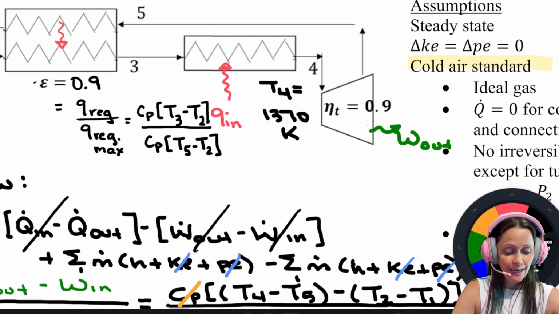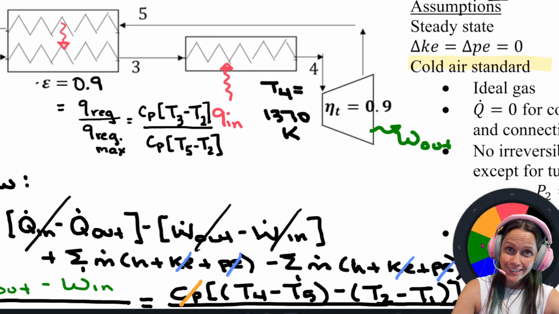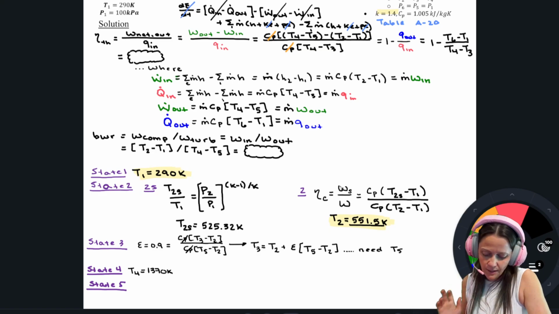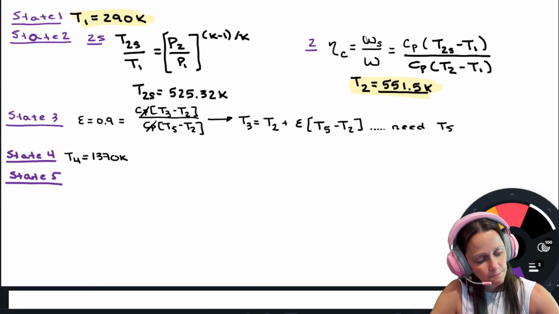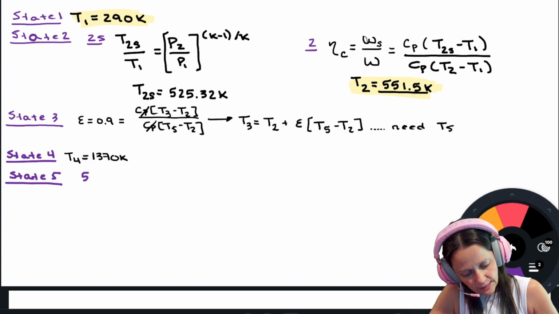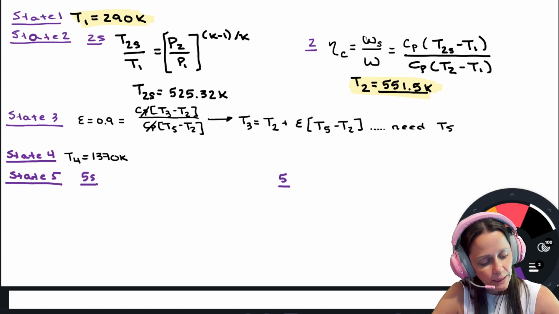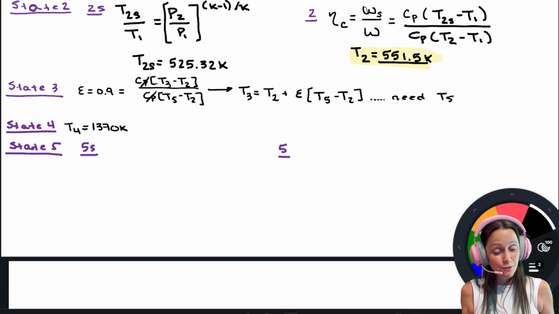So we need to calculate T5S, and then we need to calculate T5. So let's do that. I need 5S and I need 5, because state 5 is going to be found using the equation for my isentropic efficiency.